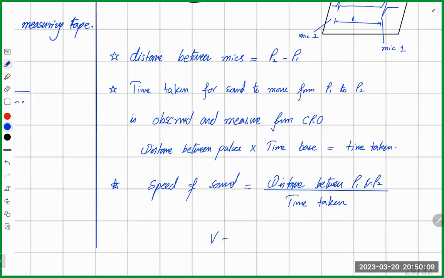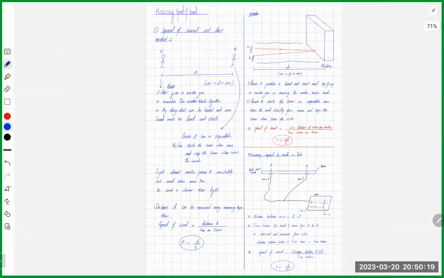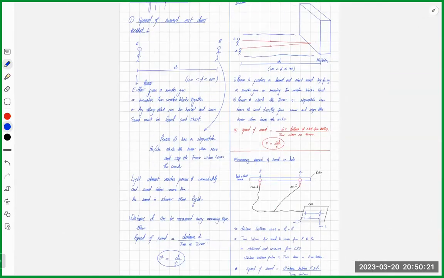So speed equals D over T. So if you cannot go out for an experiment like this, then in lab you can use a CRO and a pair of mics to measure the speed of sound.